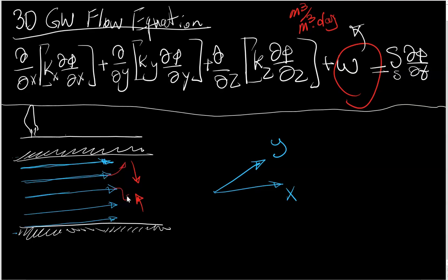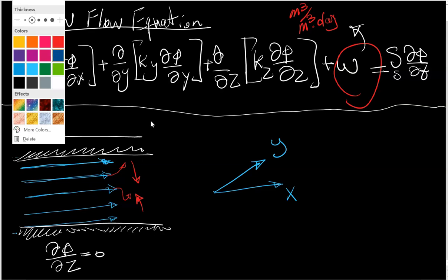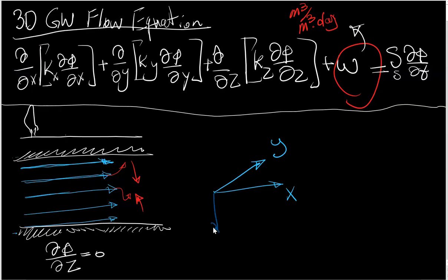In this situation, mathematically, partial phi over partial z is 0. For example, this is my z-axis.